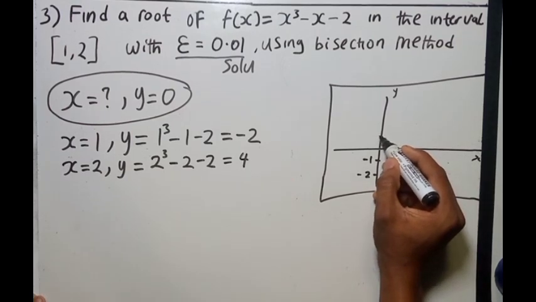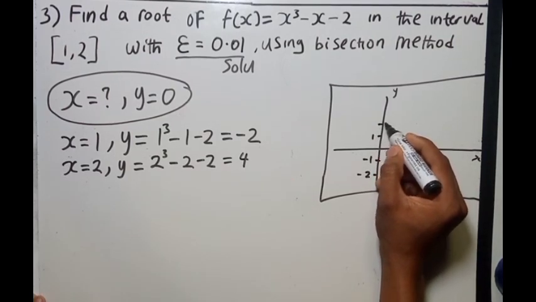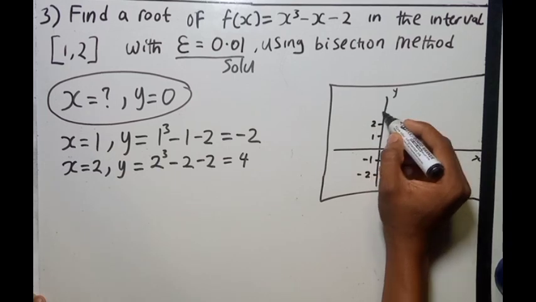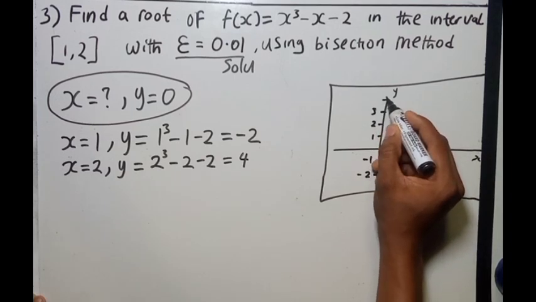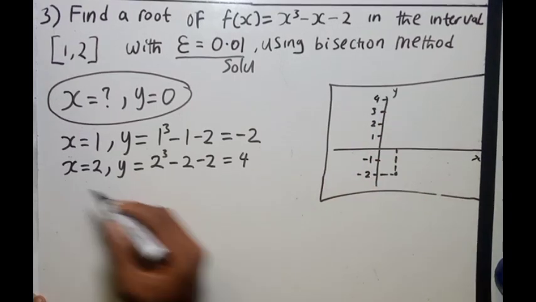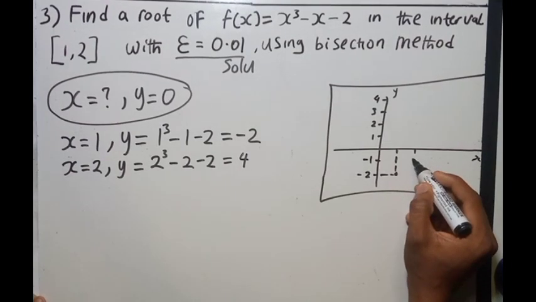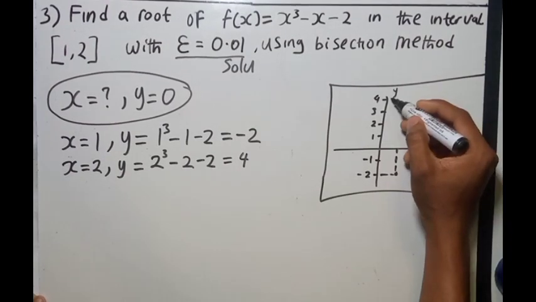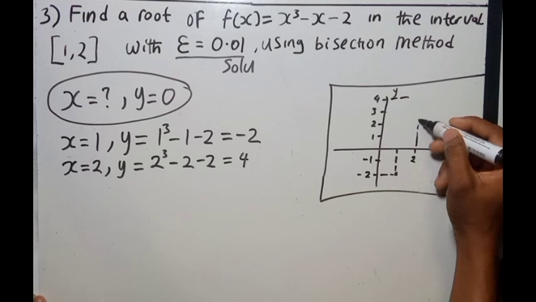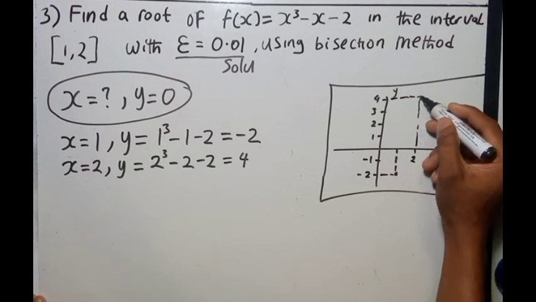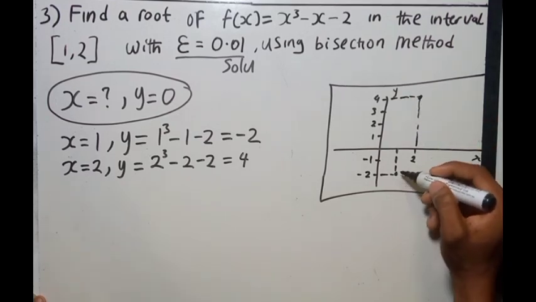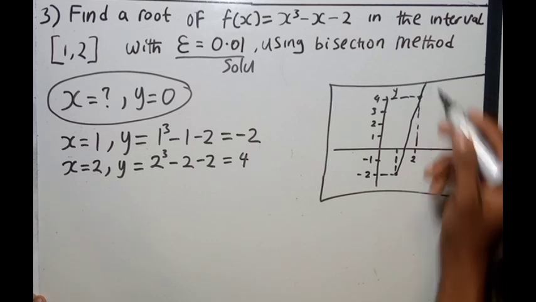Now we'll come over here and say 1, 2, 3, and 4. So when x is 2, y is 4. So we have gotten 2 dots and we join them together.